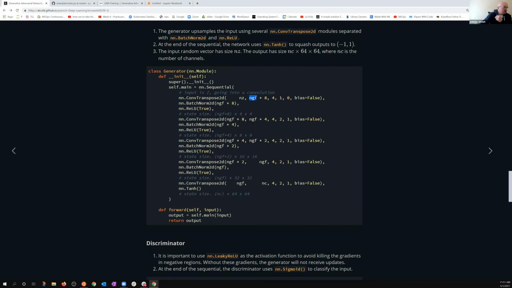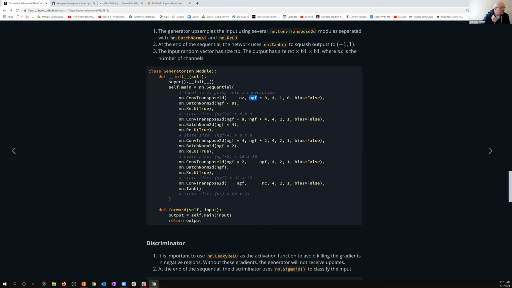This is the number of features of the generator, and essentially you're doing a transpose convolution, I think with a stride of 4. You're doing batch norm, then a ReLU, and you're basically upsampling. Here we've got 4x4, 8x8, 16x16, 32, until you get to 64x64, which is the X space.